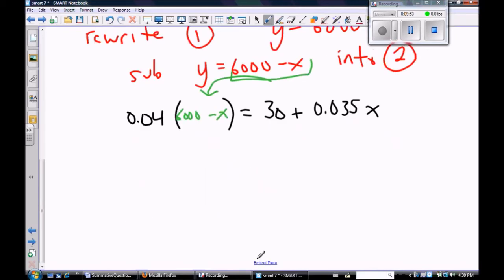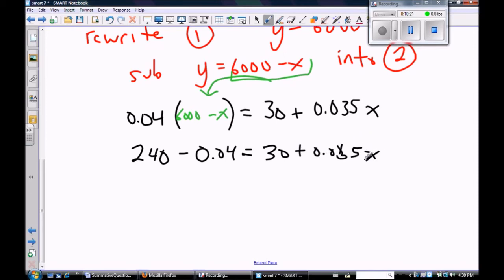So times 0.04. So I'm multiplying 0.04 into the bracket. So 0.04 times 6,000 is 240. 0.04 times negative x is negative 0.04x. Then 0.035x. So now I'm going to add 0.04x to both sides and subtract 30 from both sides.